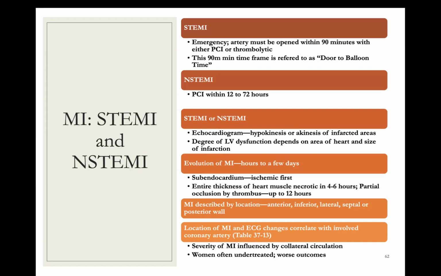Okay? When people are having MIs, it's described by the location on the heart: either anterior, inferior, lateral, septal, or the posterior wall of the heart. And the location of the MI and EKG changes correlate with the involved artery. So you can look in your book. You can learn more about that in fourth semester. I'm not going to hold you guys accountable for knowing which leads on a 12 lead indicate ischemia or infarction in which coronary arteries.